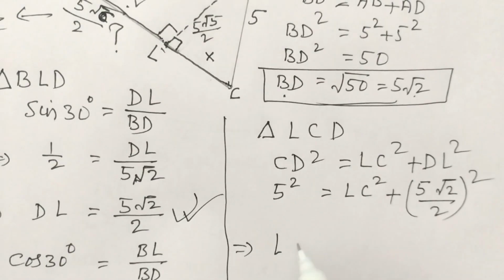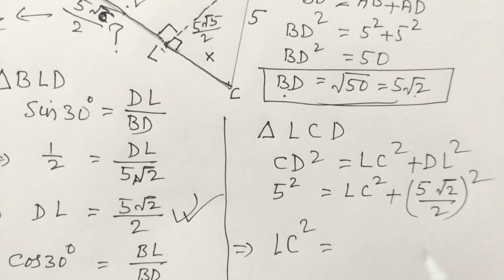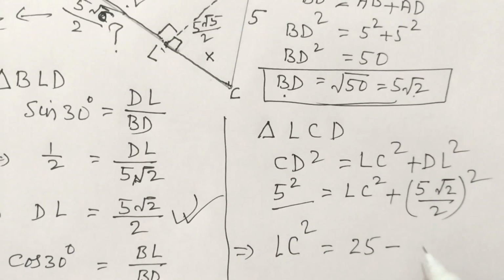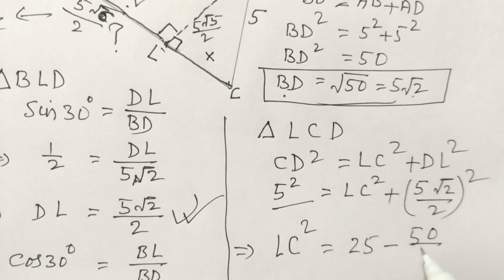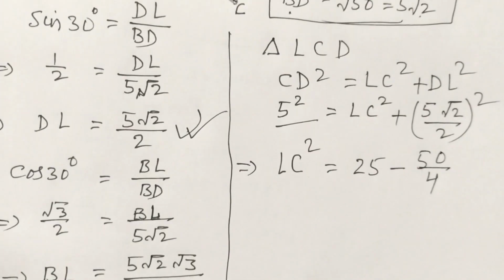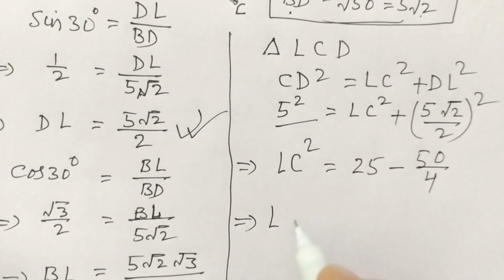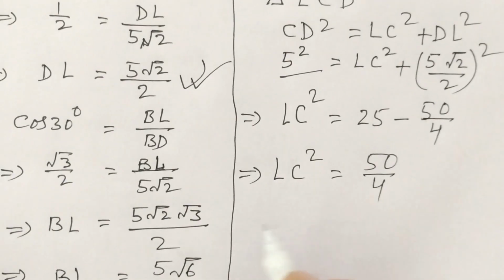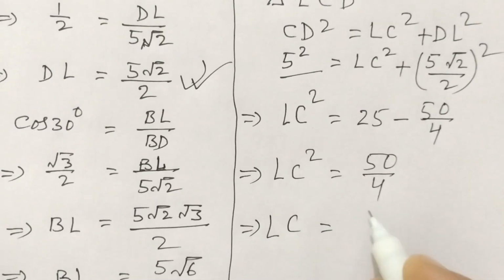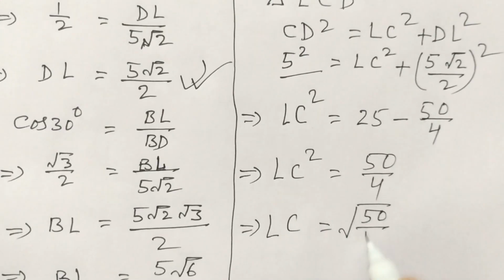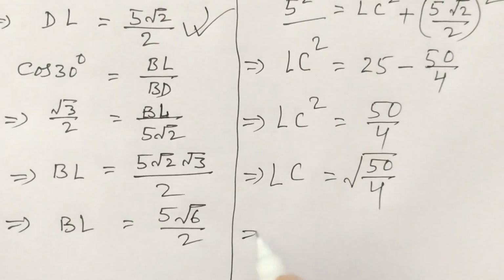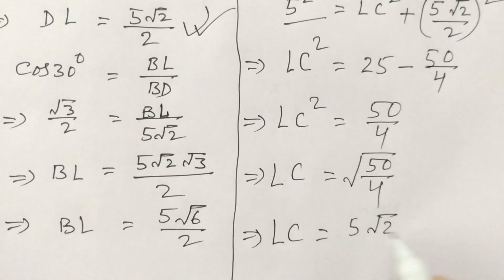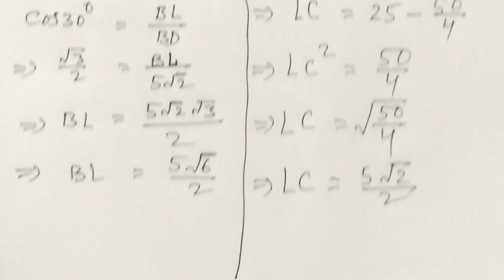So LC square is equal to 25 minus this value 50 over 4. So LC square is equal to 50 over 4. So LC is equal to square root of 50 over 4. So LC is equal to 5 square root of 2 over 2.